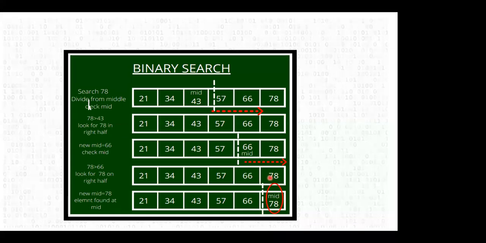Once you find the mid as 78, you have the condition to check if your element is equal to the mid, then you right away return, you found the target, so you return the element, which is 78. You can return either the index or the element. This is a small example that I wanted to show.